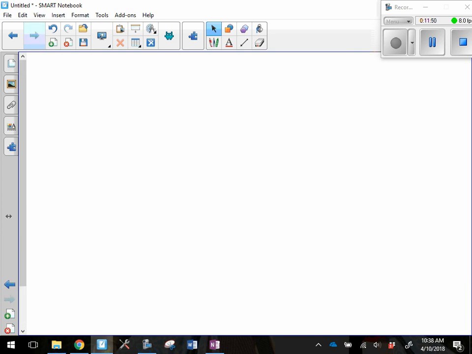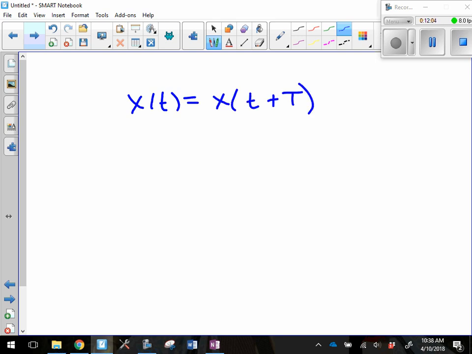So inherent in this whole idea of periodic motion or simple harmonic motion is that the motion repeats itself after every period. So if I started by pulling my mass down at t equals 0, when t is equal to capital T, my mass should be back down at that negative amplitude.